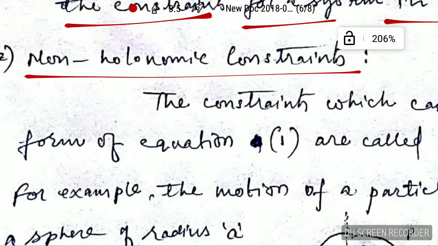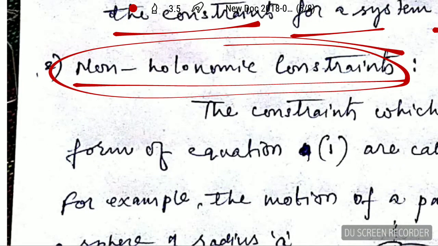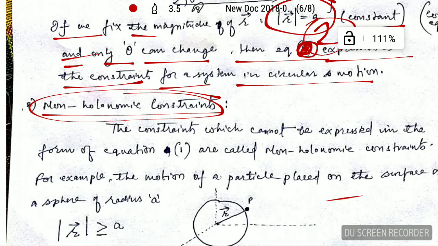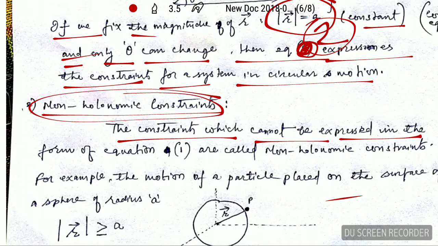Now let's read what non-holonomic constraints are. The constraints which cannot be expressed in the form of equation 1 are called non-holonomic constraints.